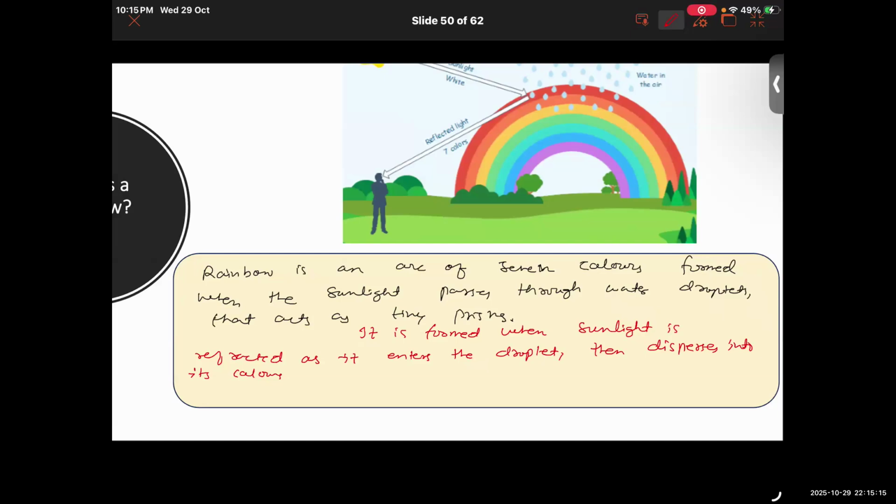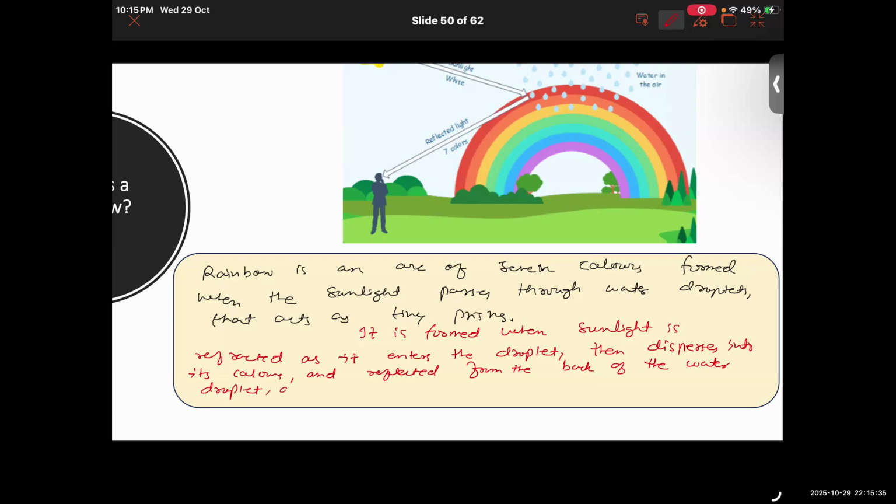Then it is reflected from the back of the water droplet. We can see the back of the water droplet.